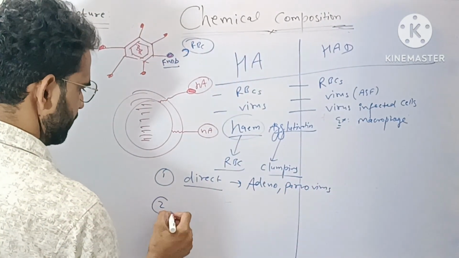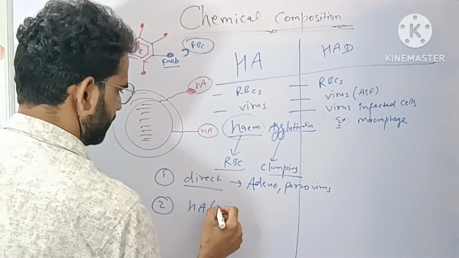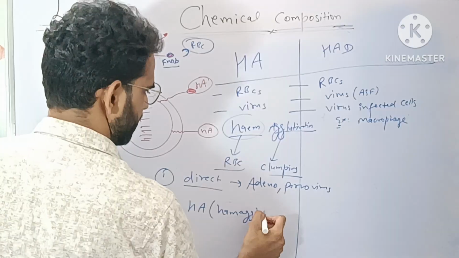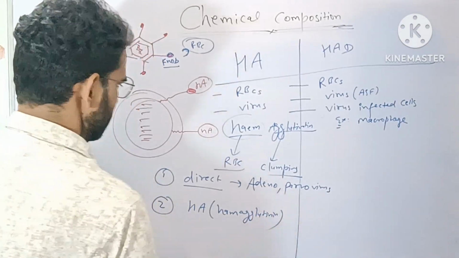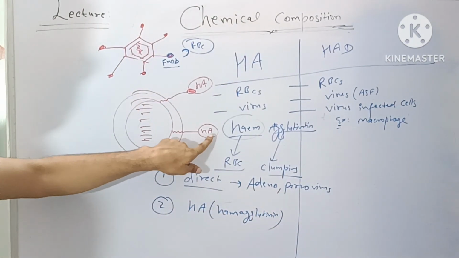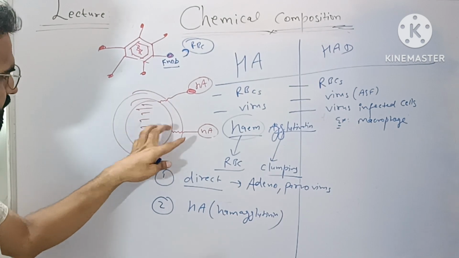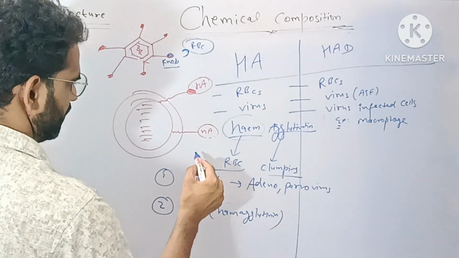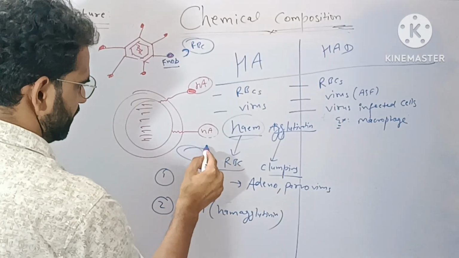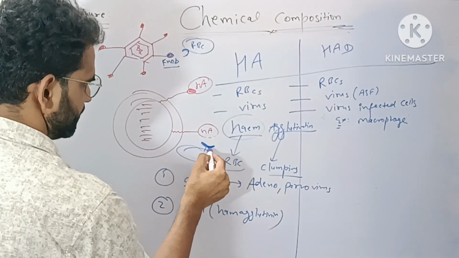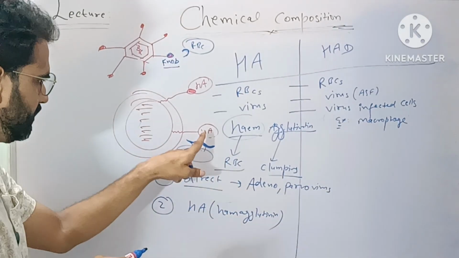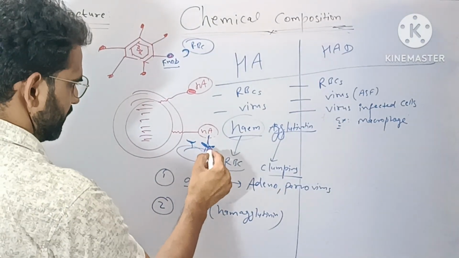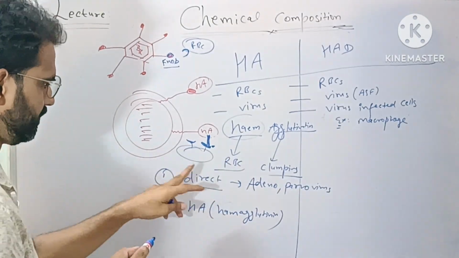And number two is via hemagglutinin. Hemagglutinin means this one, HA. So there are some viruses which use hemagglutinin to agglutinate the RBC. This is the RBC having receptor sialic acid on the surface. So this HA binds with this, and there is clumping of RBC.